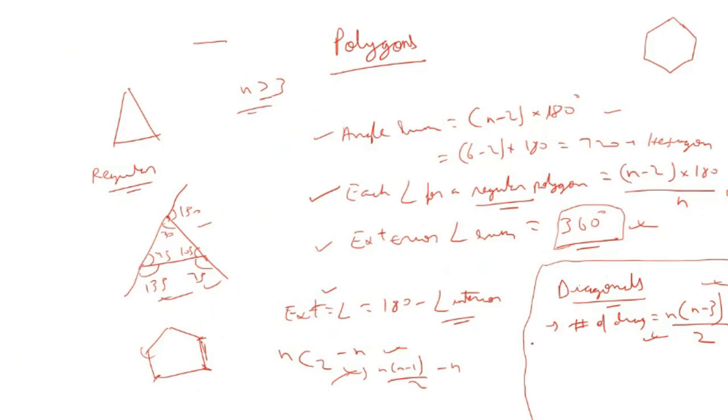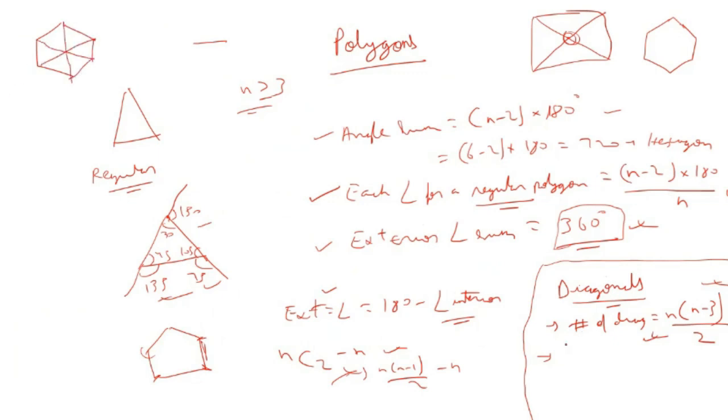The next part is how many of these diagonals pass through the center of the figure. Let's say if we have a square, we know that there are two diagonals that pass through the center. If we have a hexagon, we know that there will be three diagonals that pass through the center.